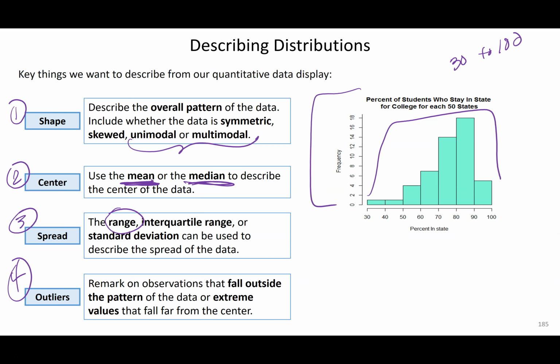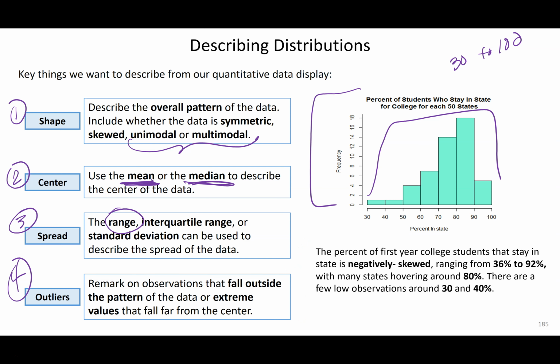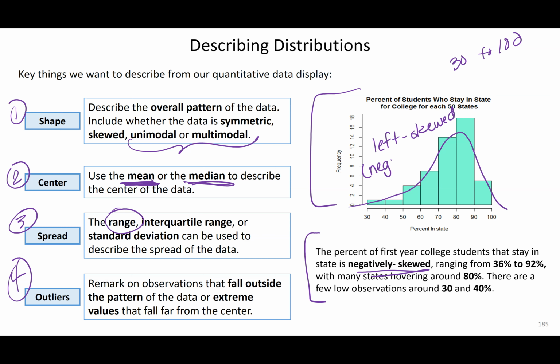So for this data set, the percent of first-year college students that stay in state is negatively skewed. And we'll talk about what we mean by skewed. So this is left skewed. You can also think of negative. What it means is we have a tail that's longer on the left side.